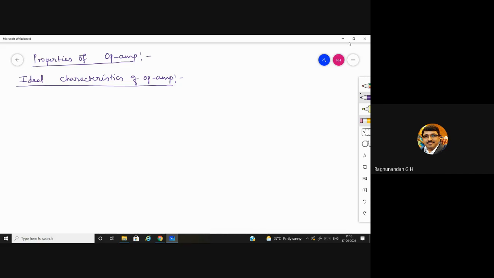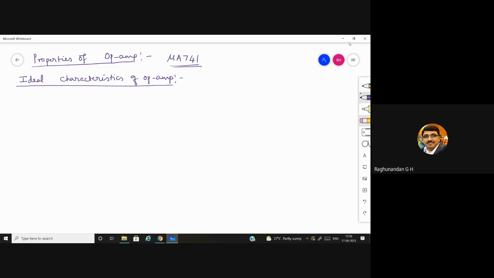And also all those values mentioned in the data sheet that we consider while designing any circuit. To discuss the properties of an op amp, these are the general characteristics we are discussing, but the values we are proposing here belong to a class of IC mu A741.